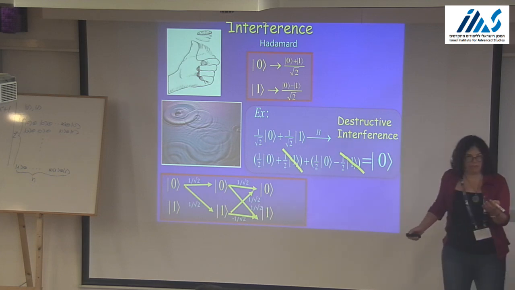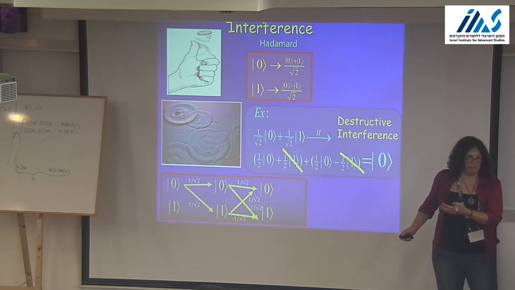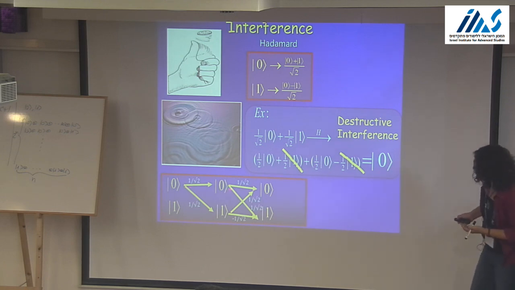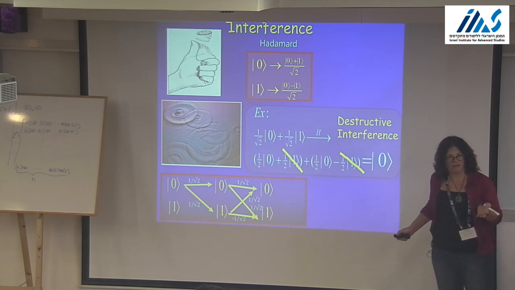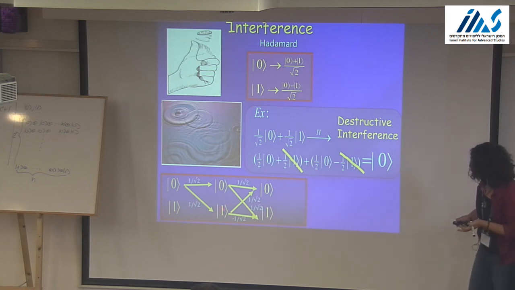Well, it is just like matrix multiplication: you have to run over all possible intermediate values and sum over all the possible paths going through all intermediate values. So the contribution of the path that goes through 0 is the product of the weights on the arrows. This path contributes a half, and this path contributes a half.